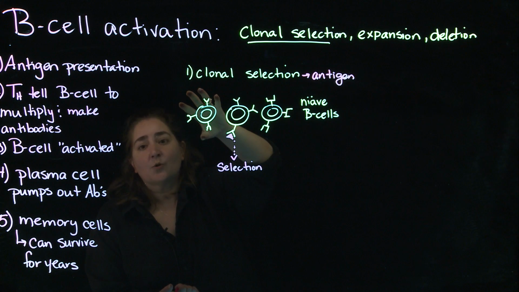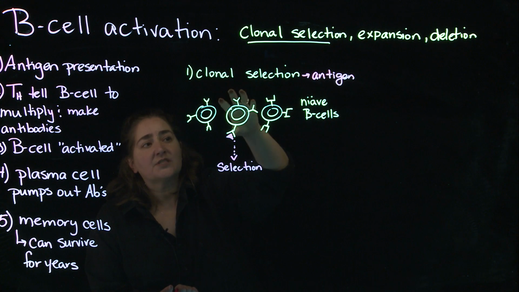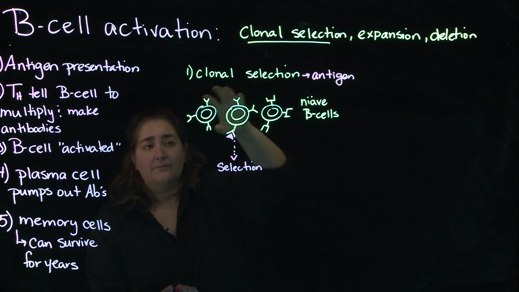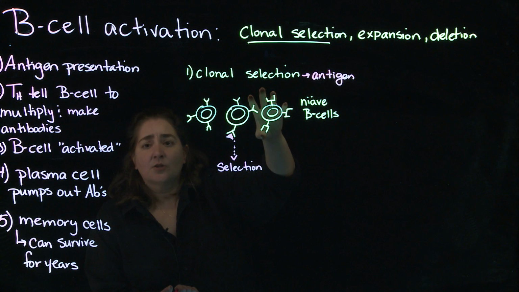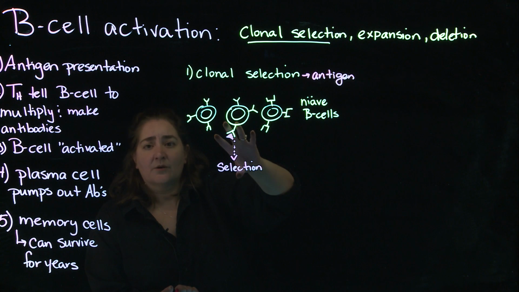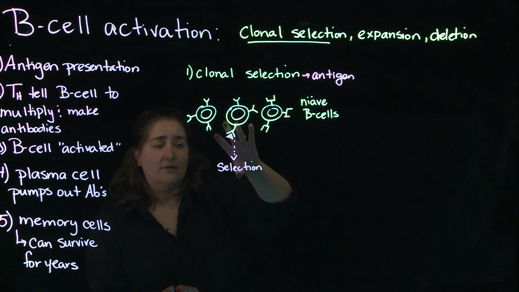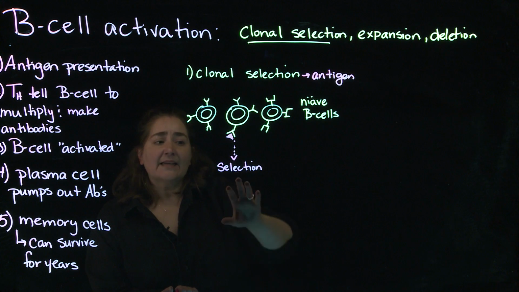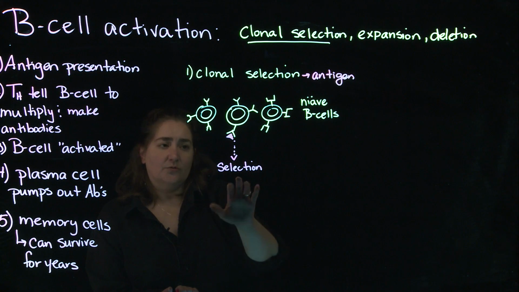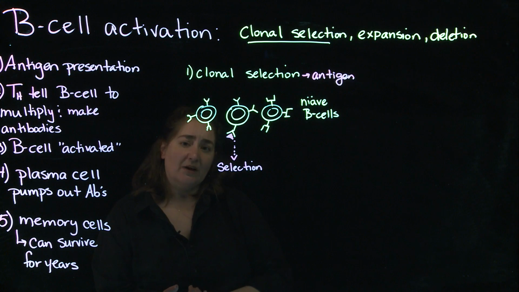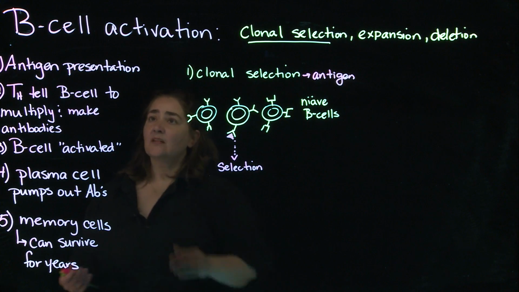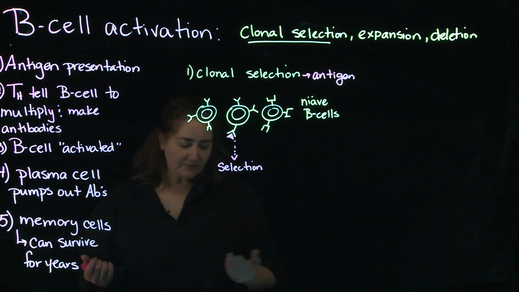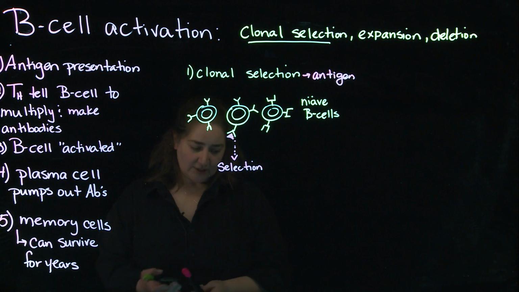You've got individual clones. These are the individual cells, if you want to think of it that way, that are hanging out in your bone marrow waiting to come across antigen. All right? So when we select one of our clones, that means antigen is bound to it. Okay? So that's going to be the clonal selection.